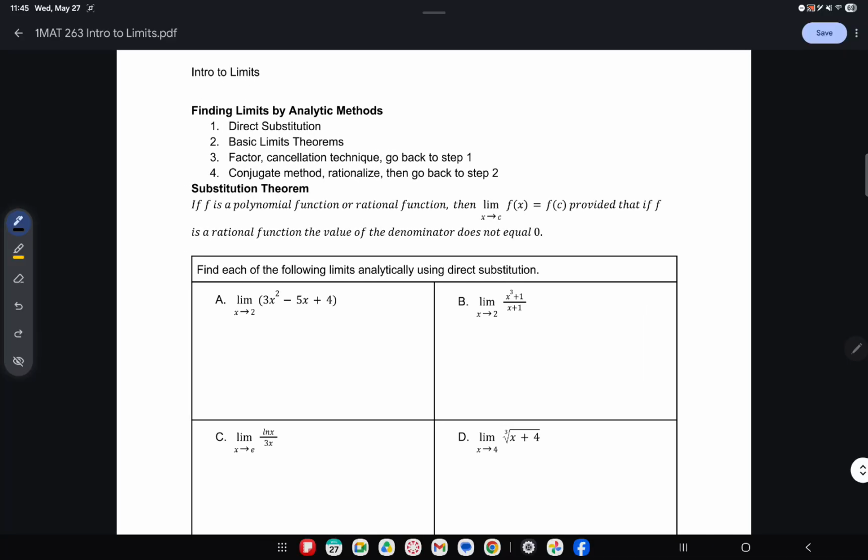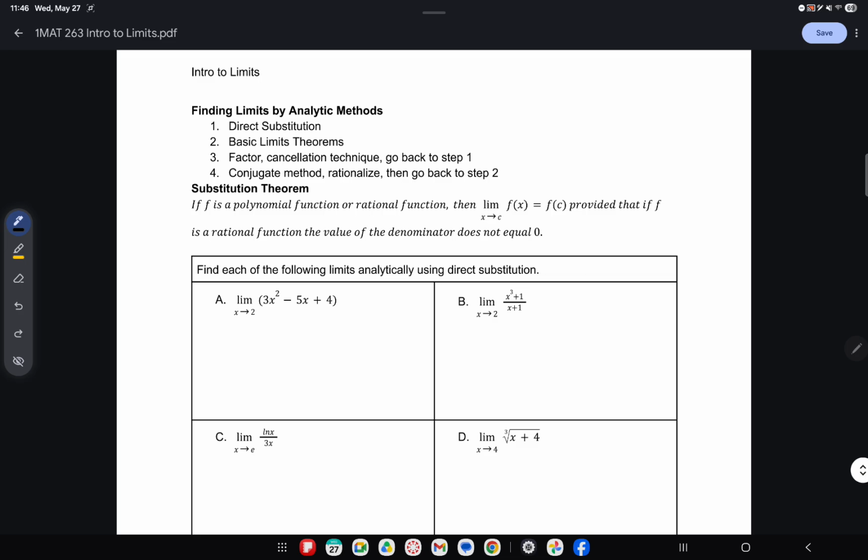All right, so the only thing we have not done yet is seeing an actual function itself. We've seen graphs and we've seen the properties, but we haven't actually looked at an actual function equation. So the way we can solve these is called an analytical method. What we want to do first is try a direct substitution. When we're looking at the graph, we find the x value, see where it approaches, and we can see visually.